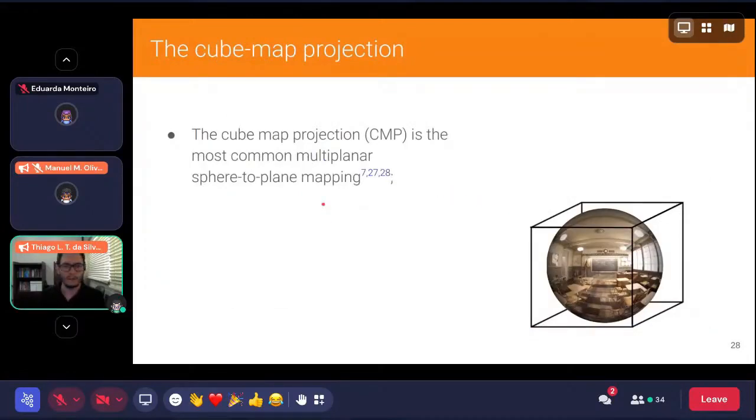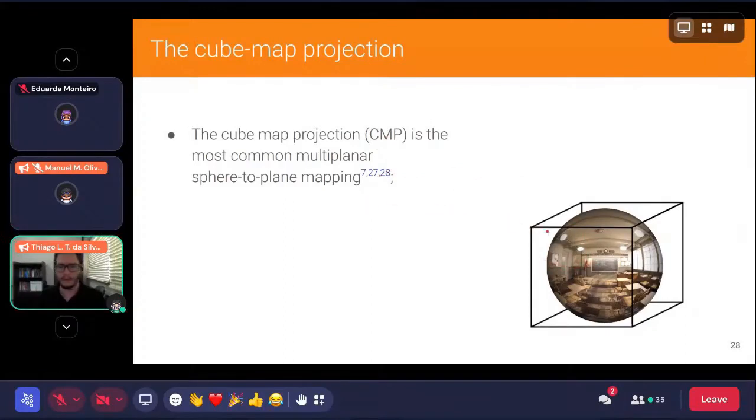Well, we can actually map the sphere not to one plane, but to many planes. And the most common multiplanar sphere-to-plane representation is what we call the cube map projection. It's widely used in computer graphics, I think.